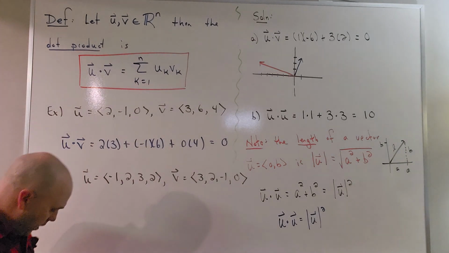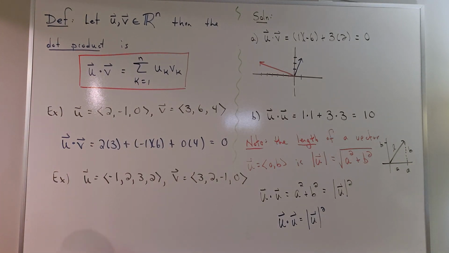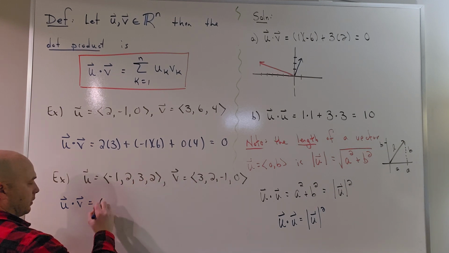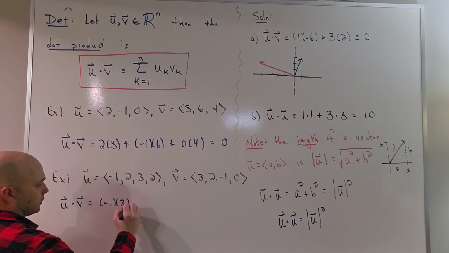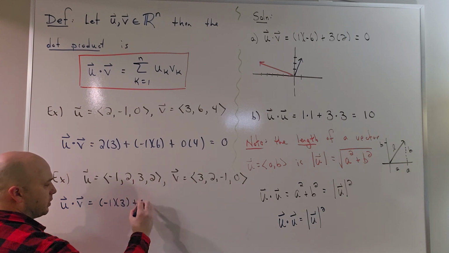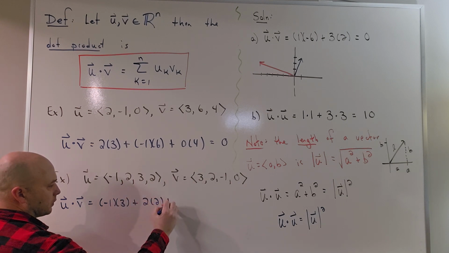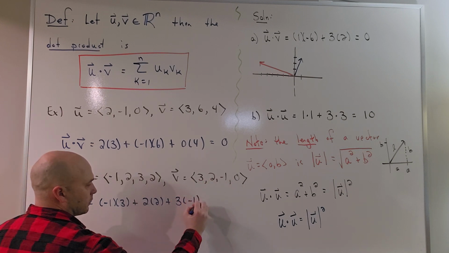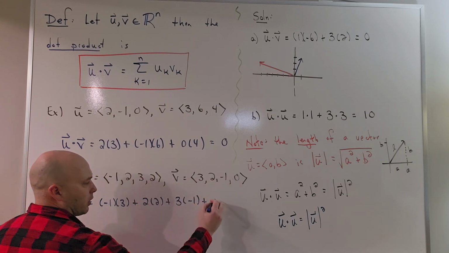The dot product computation is analogous. u dot v: multiply the first components, -1 times 3, plus 2 times 2, plus 3 times -1, plus 2 times 0.